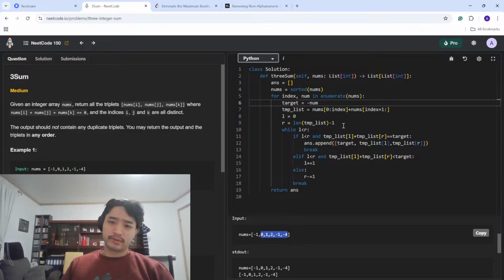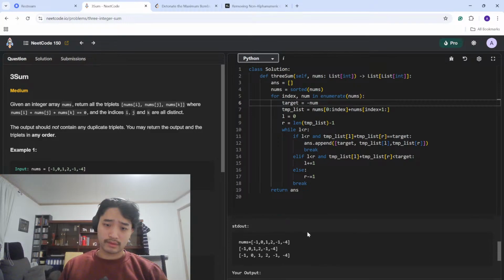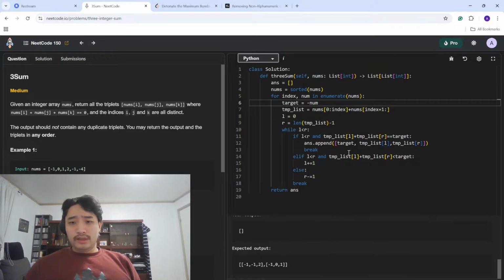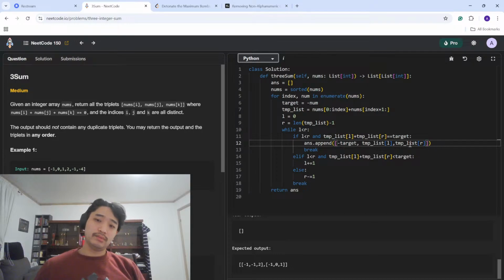Because this would be 5. No, I think this is correct though. Let me see, what's the issue here? The problem is that I'm not getting anything, so it doesn't matter, even though this should probably be minus, but still.